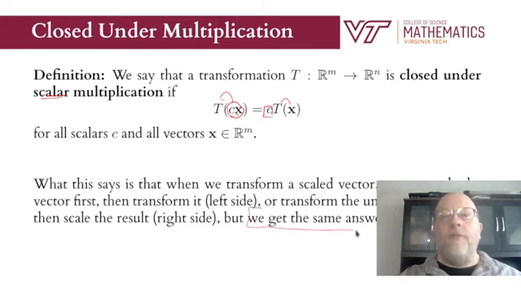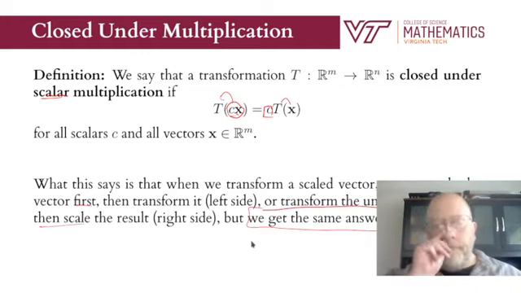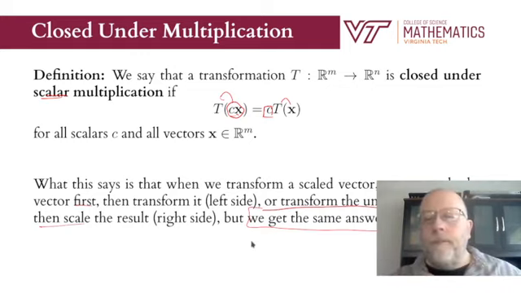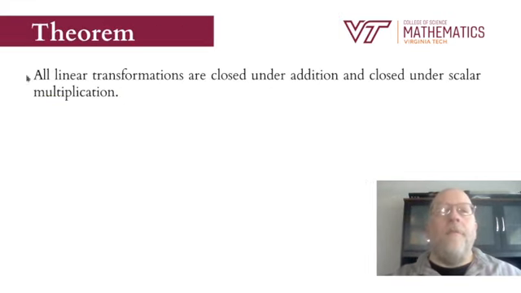We get the same answer both ways. So we can scale the vector first, or we can transform the vector and then scale it. Either one. We have a theorem: all linear transformations are closed under addition and closed under scalar multiplication.